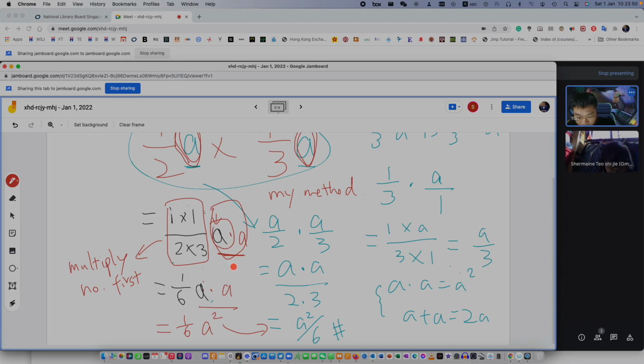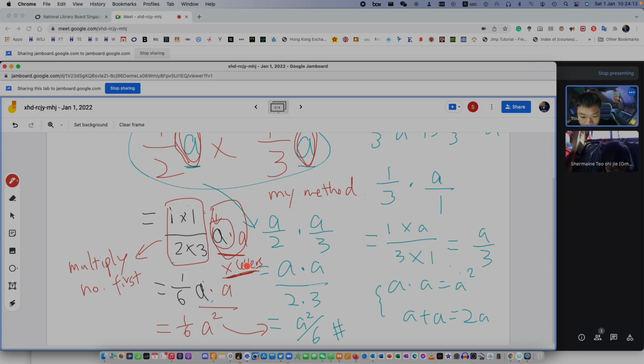Are you clear? Cross means times. So basically, if you are asked to do multiplication of algebra, you multiply the numbers first, and then you multiply the letters second, and then later on you combine the two together.